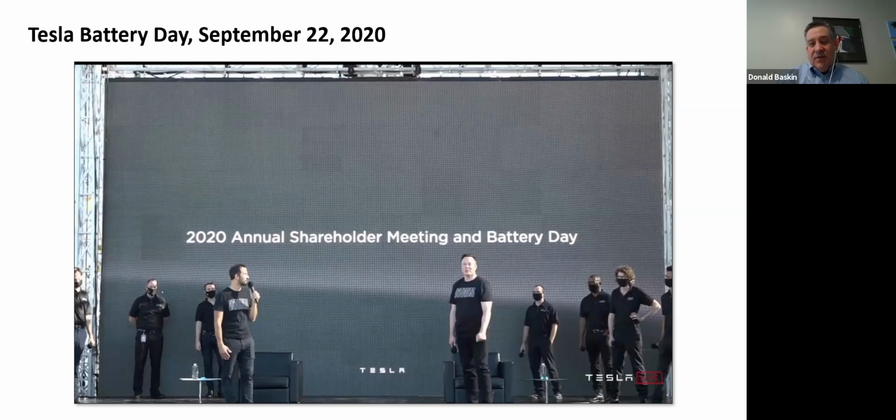After having worked at Chrysler and Mercedes, I knew how difficult it was to start a car company and the amount of capital you needed to buy really expensive manufacturing equipment. So I thought there's no way Tesla was going to make it. I was totally wrong. I'm in awe of the fact that they actually made it. Anyway, they had Battery Day in 2020.